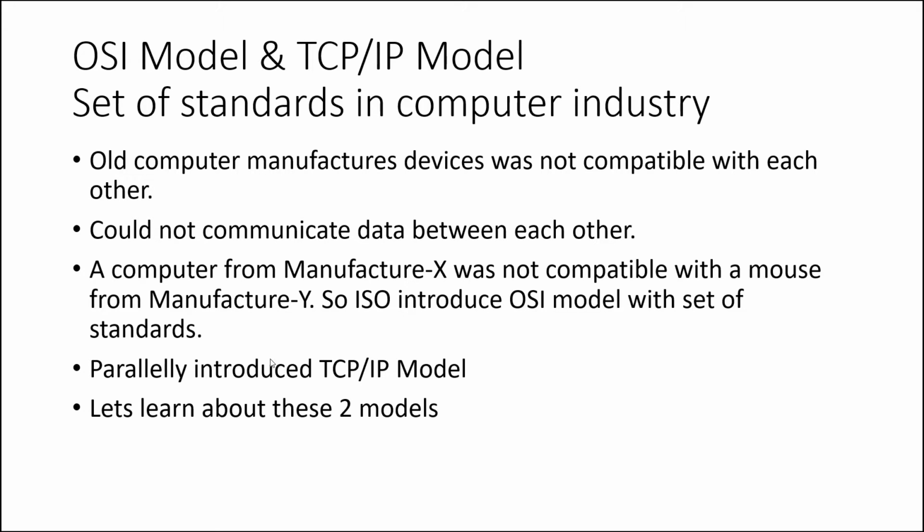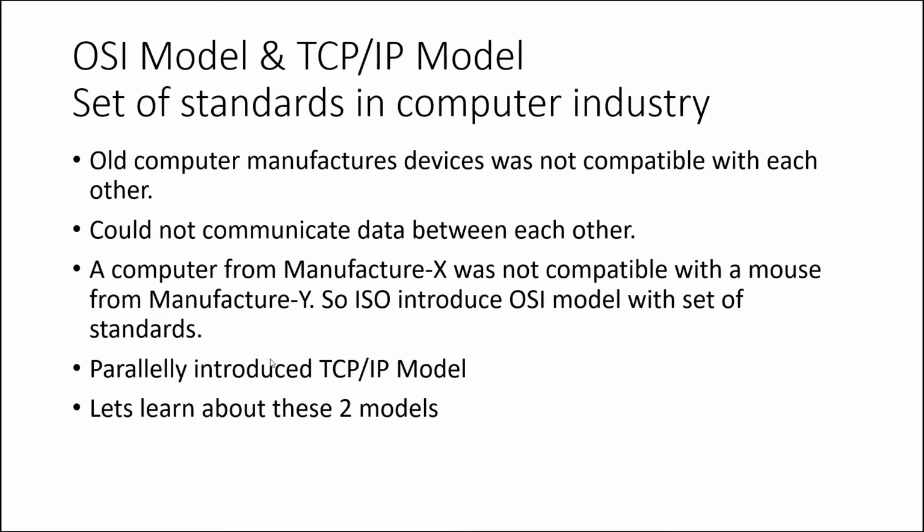In the past, if you bought a mouse from company A and a computer from company B, these two devices were not compatible. If you bought a computer from company A, you had to buy a mouse from the same company, because the computer from company A was not compatible with a mouse from company B. That was a big issue in the past.